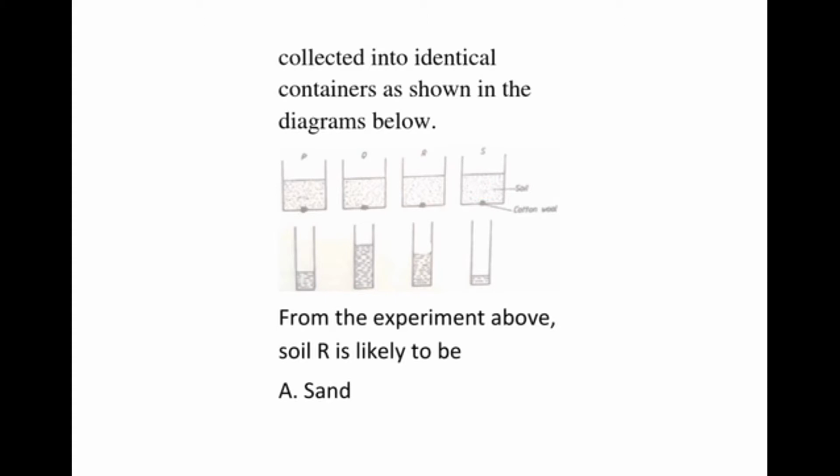From the experiment above, soil R is likely to be... When you look at the soil, we have different types of soil. We have clay soil, we have sand soil, and then we have loam. All these different types of soil drain water at different rates.